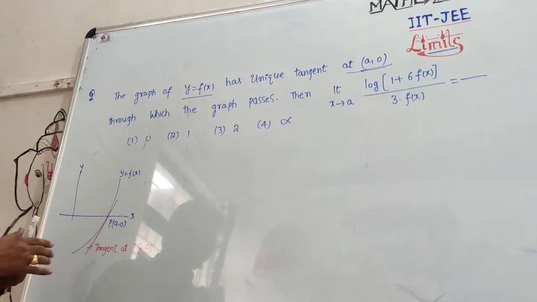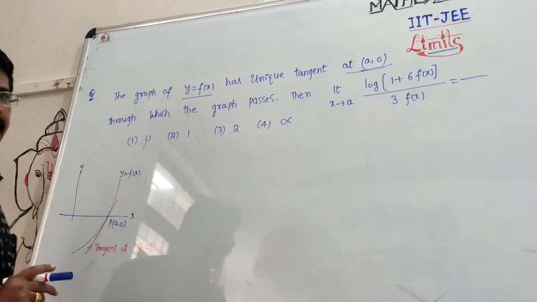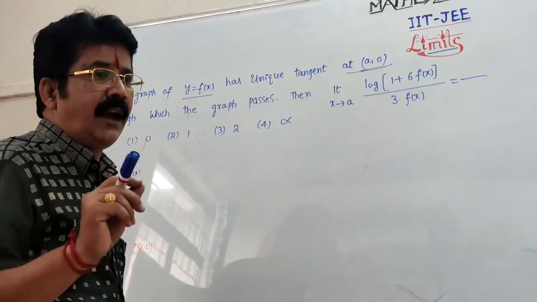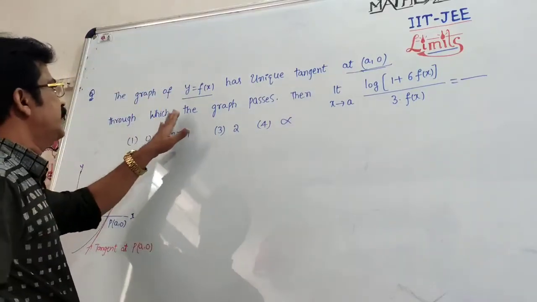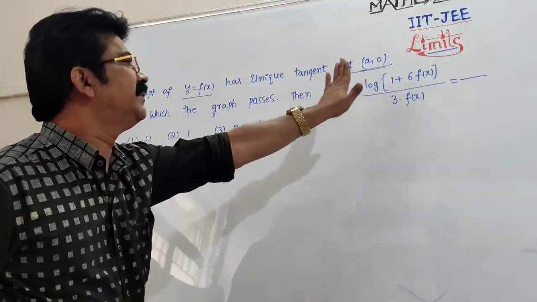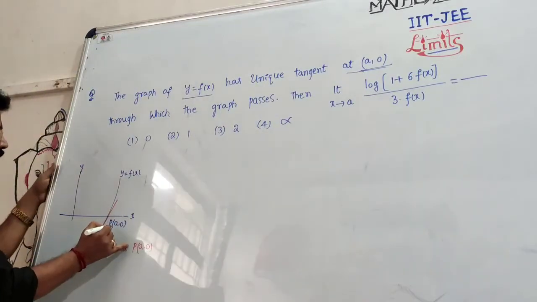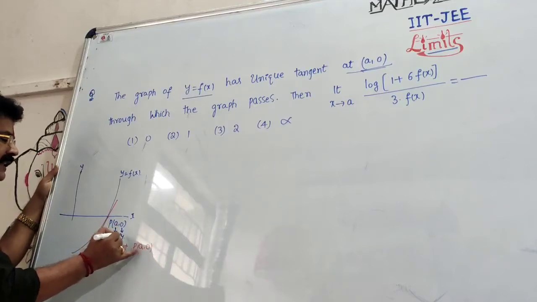So the basic point is, for any curve, if it exists at only one point, we can draw only one tangent. It will have a unique slope, remember. Okay. Next, and through which it passes, right? Then the limit as x tends to a.